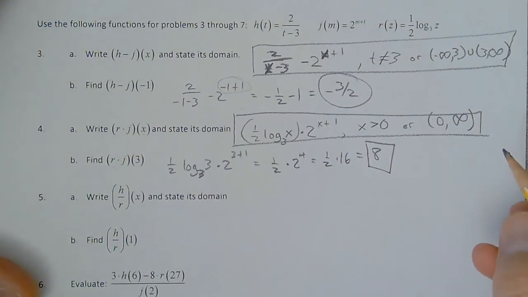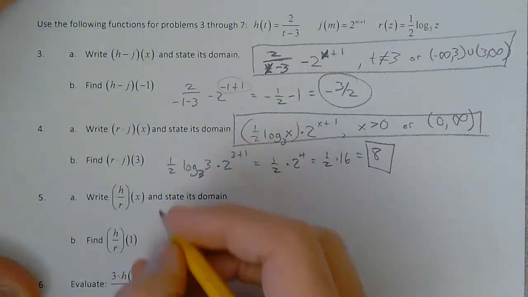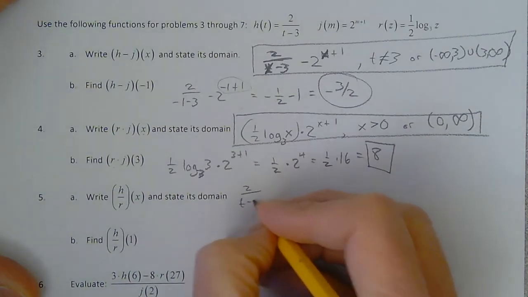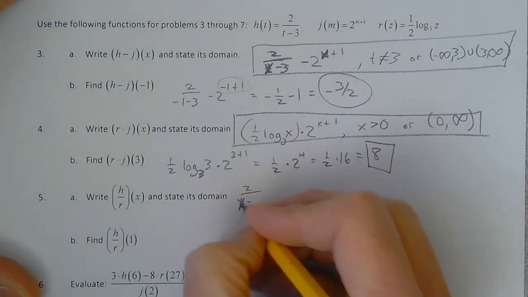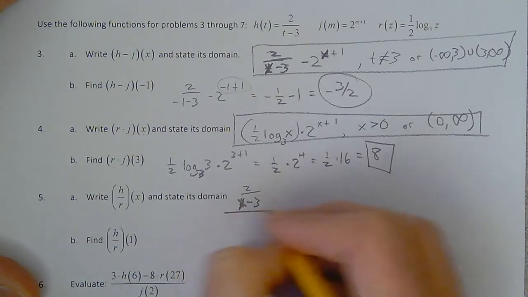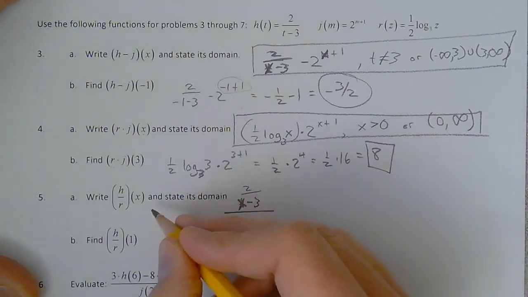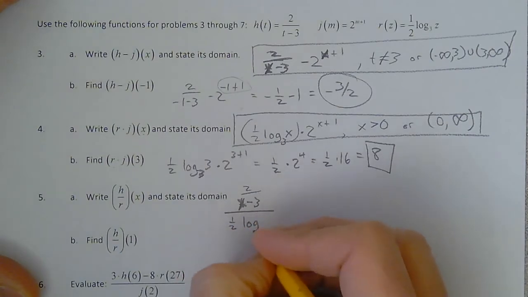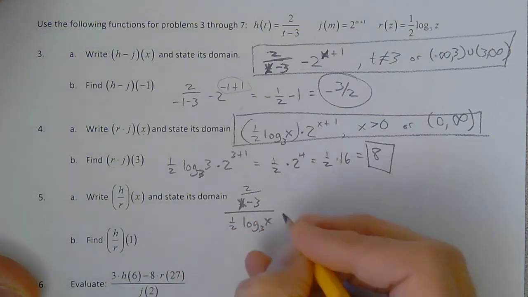All right, h divided by r. So our h is 2 over t minus 3, or x minus 3, because we're evaluating at x, divided by r, which is 1/2 log base 3 of x.